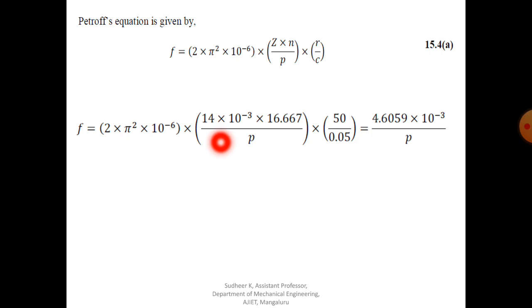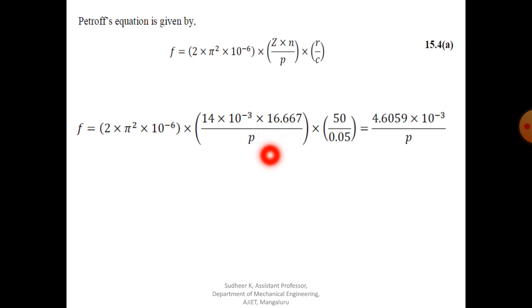It is one of the important charts based on the type of oil. We got B type of oil from table 15.1, into 16.67. N you have to always keep in RPS.